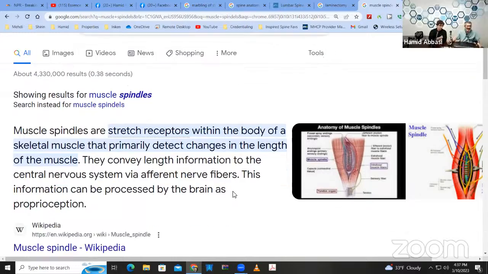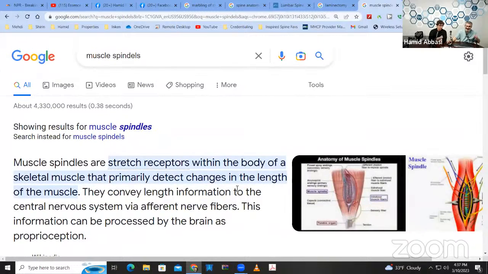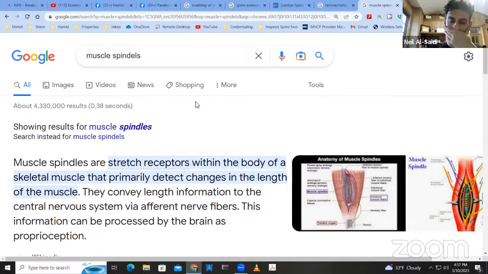But they tell our spine, at the same segment where the nerves are regulating the muscle, what is the status of the muscle contraction? And if it's too much, they shoot an inhibitory signal, and that is why you don't go into spasm all the time, okay? Is this similar to proprioception, when we know our place in space?